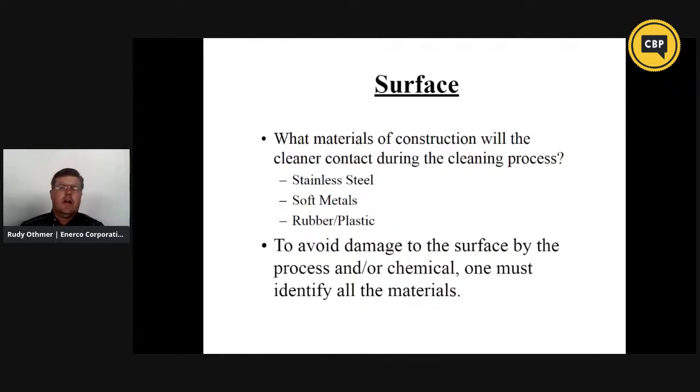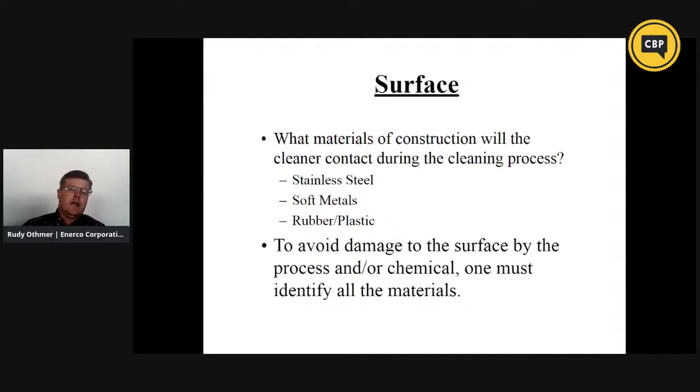And then lastly, the S in WINS is the surface. Does our system consist exclusively of stainless steel? Or do we have soft metals present? A heat exchanger, for instance, or some piping that didn't get done right that's going to be part of our CIP system.